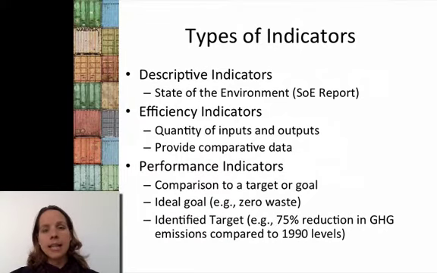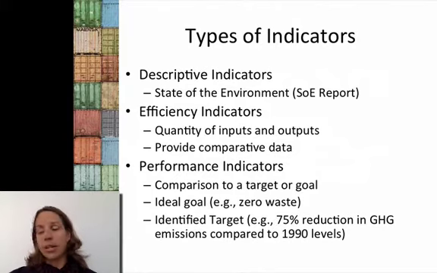Efficiency indicators are the next sort of indicator. This is the quantity of inputs and outputs, so it allows you to provide comparative data. It might be carbon emitted per unit of good produced. Rather than measuring the amount of carbon that the organisation produces in net, you're measuring it per unit produced.